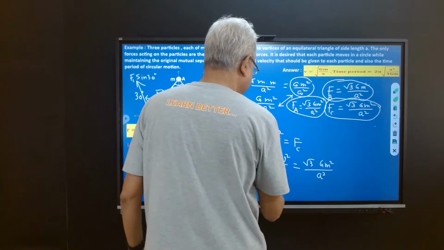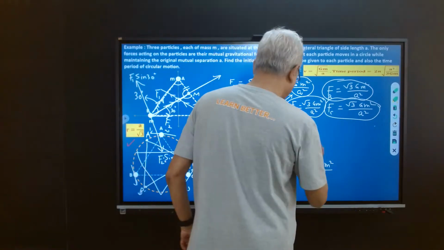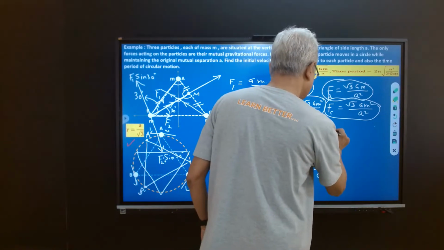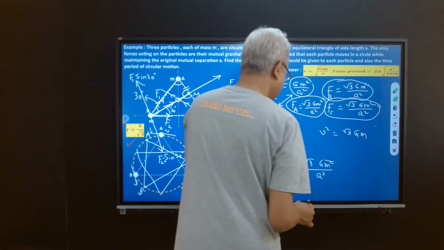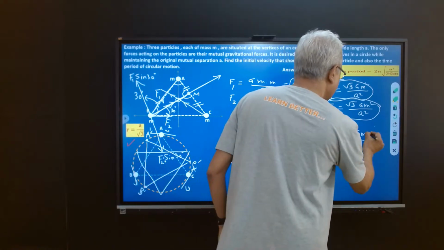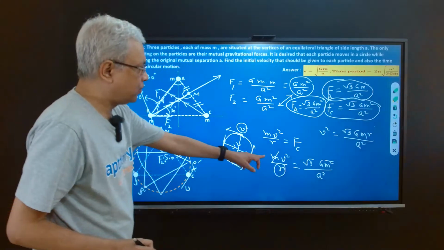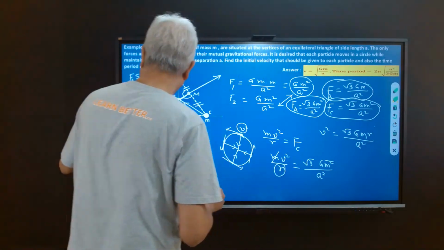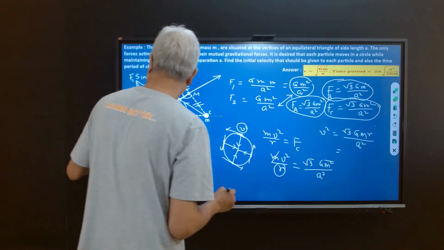Now we have already calculated, so I simplify this expression. One m goes, so v square equals root 3 Gm into r by a square. But the r value we have already calculated: r is a by root 3.